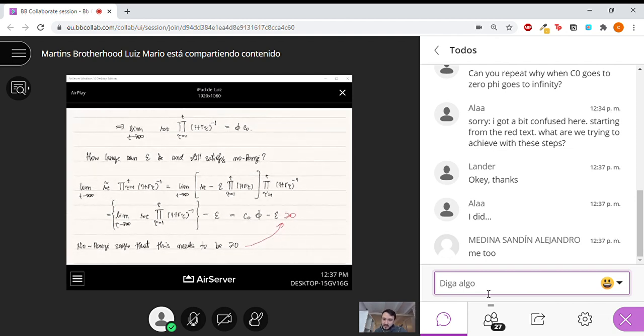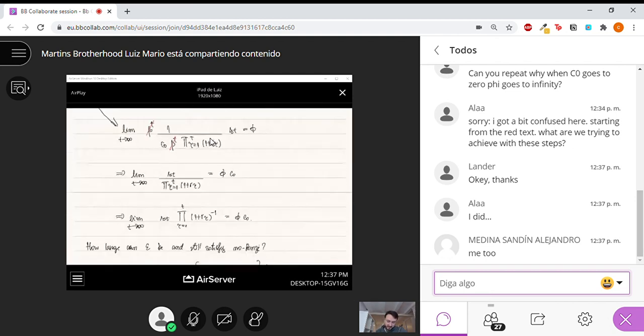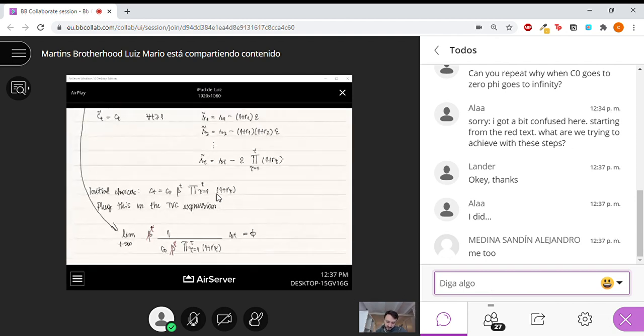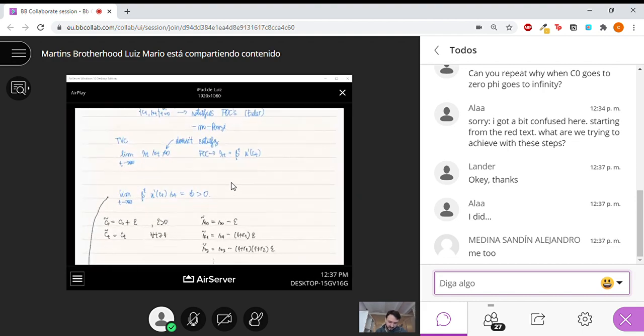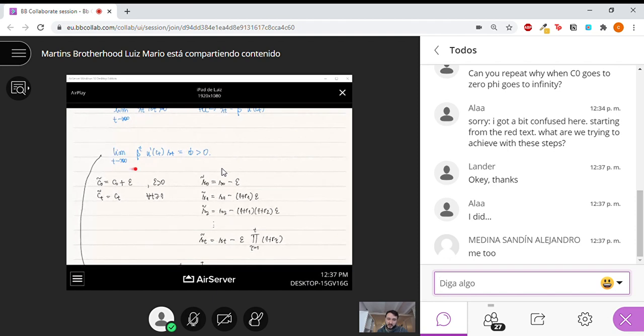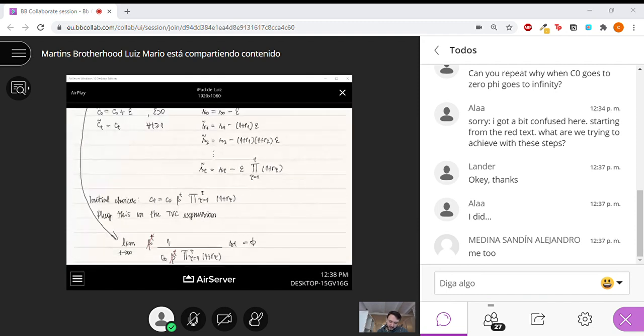And the thing is that the transversality condition is this, right? I even wrote it in the problem there. And then we also showed in class that using the Euler equation, you have this expression for Ct. It depends on C0.